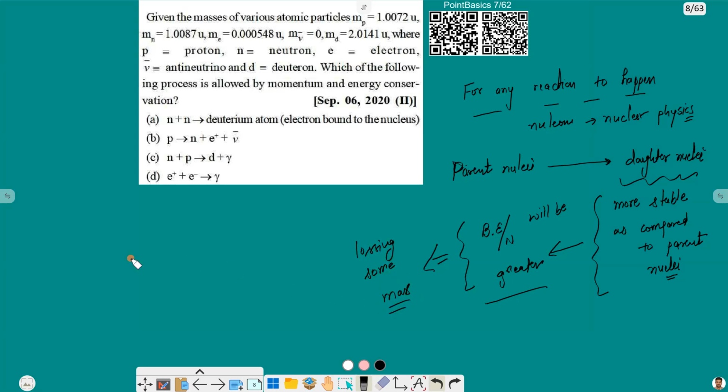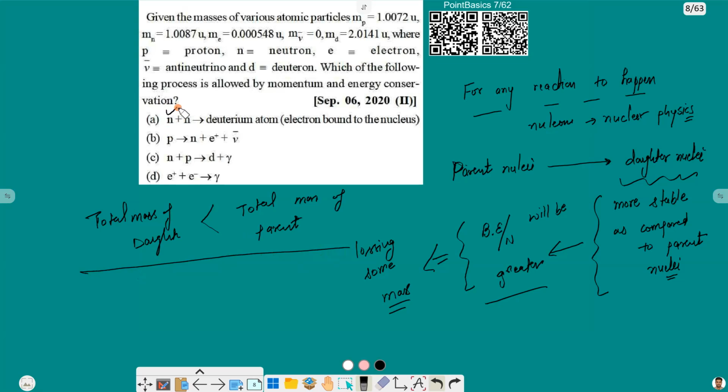So we can write that the total mass of daughter nuclei will be less than the total mass of parent nuclei. So that is the basic logic which we are going to apply here.